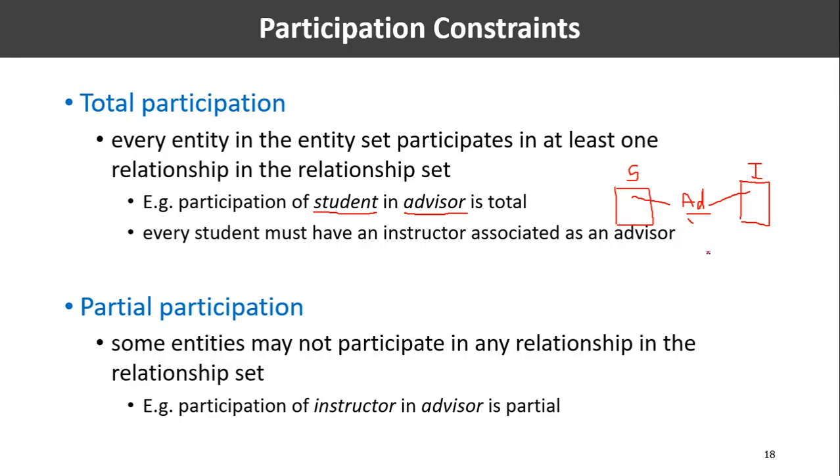Suppose once again we have the student entity set, the instructor entity set, and the relationship between them is advisor. It may happen sometimes that a few of the instructors are not advising any of the students.